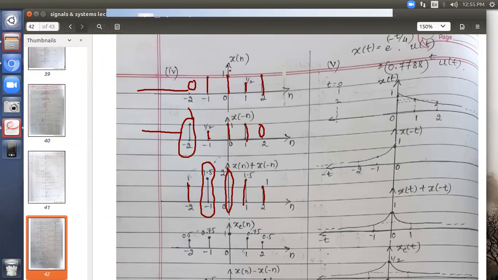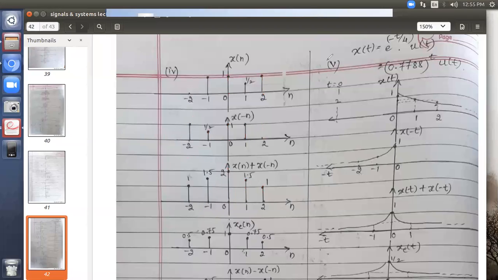After adding, for the even part I have to go for half the amplitude. You have to divide the amplitude by 2. So this is very much easier here. Just simply put divide by 2 each time. So this is 0.5.